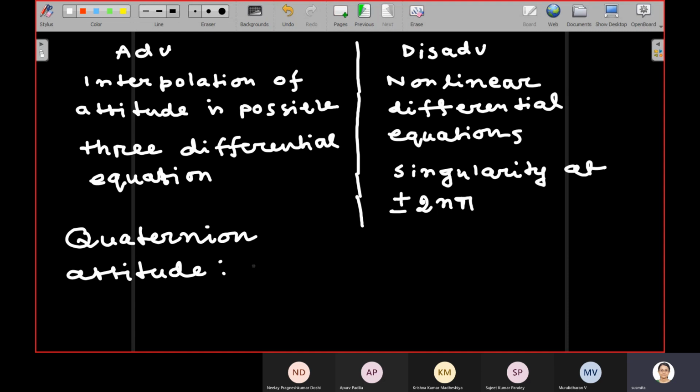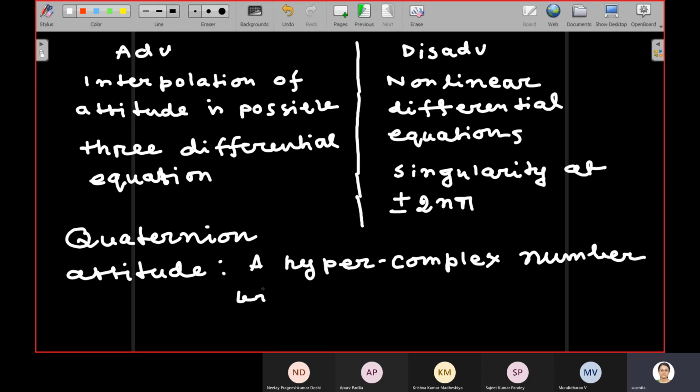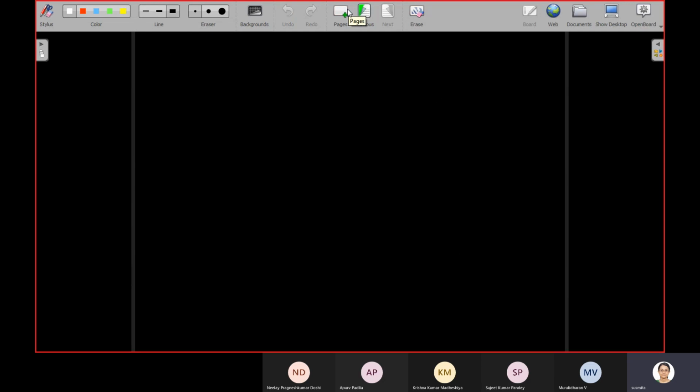A quaternion is a hypercomplex number with 4 elements. Okay. So it has a scalar component.